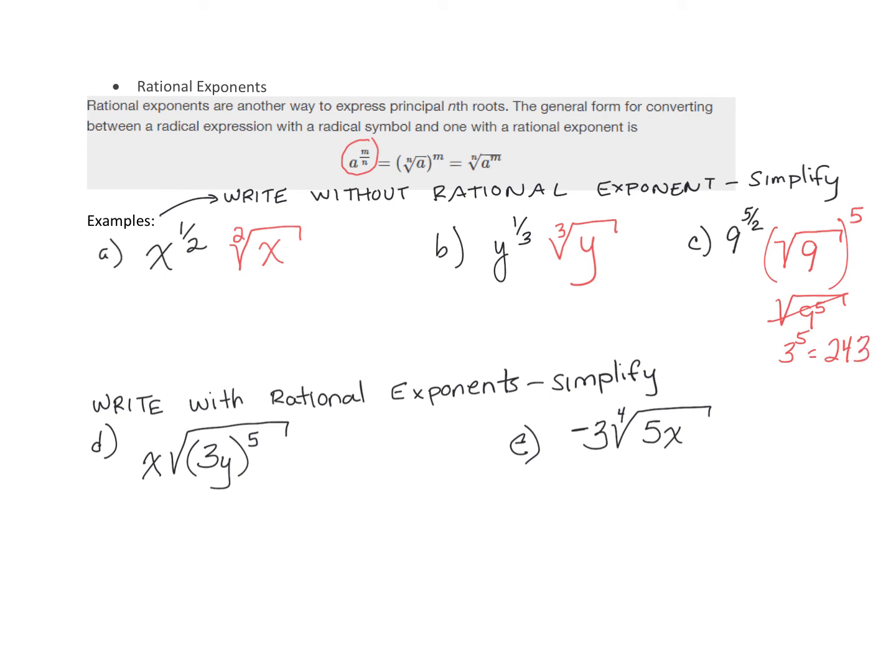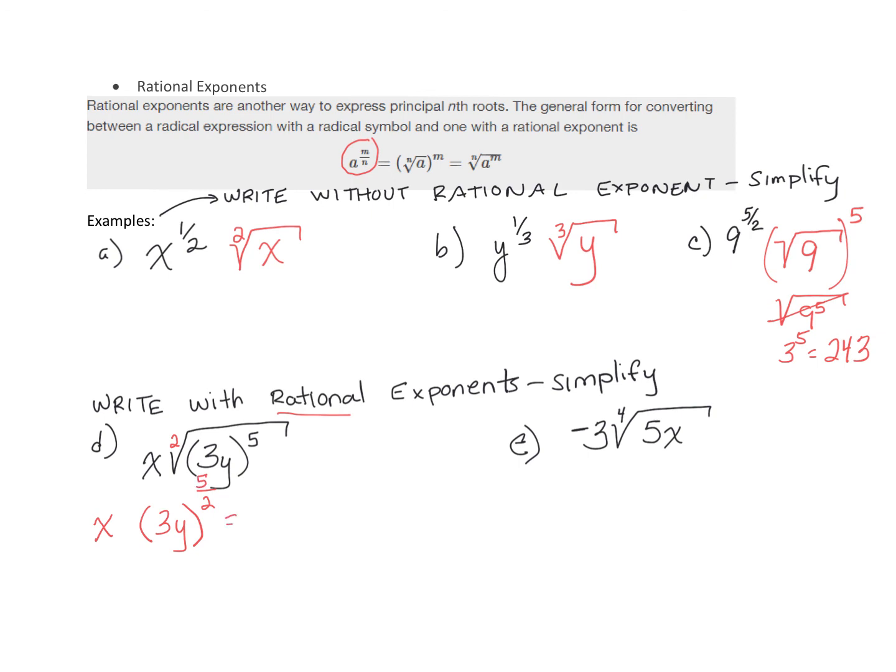243. Okay, now I want to write them with rational exponents. So I have to pay attention here. This is my index. So here's my x. It's not under the radical. I have 3y. The index is my denominator, and the 5 is on top.